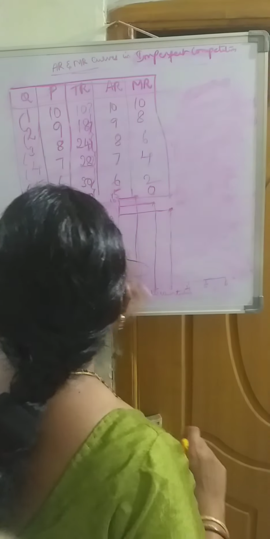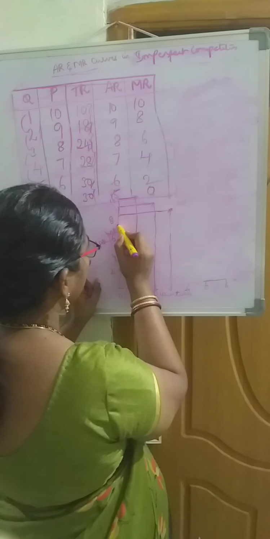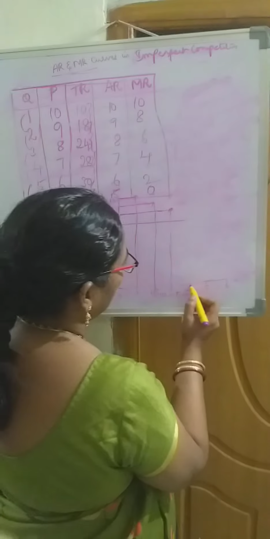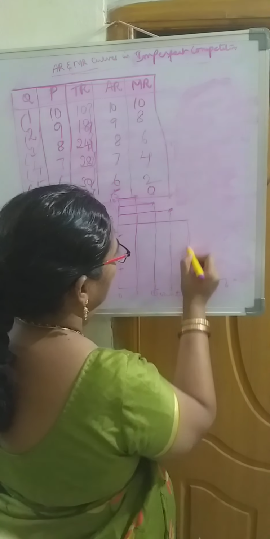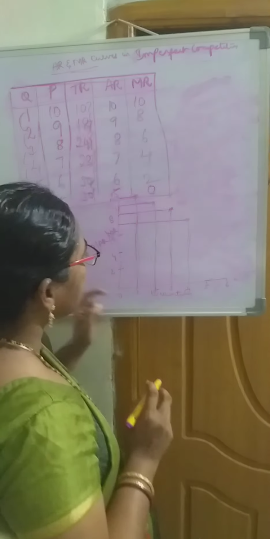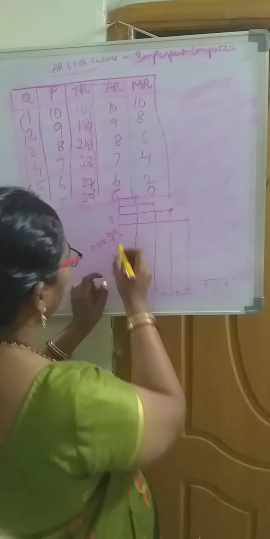Quantity 4, 7 is between 6 and 8. For quantity 5, AR is 6.